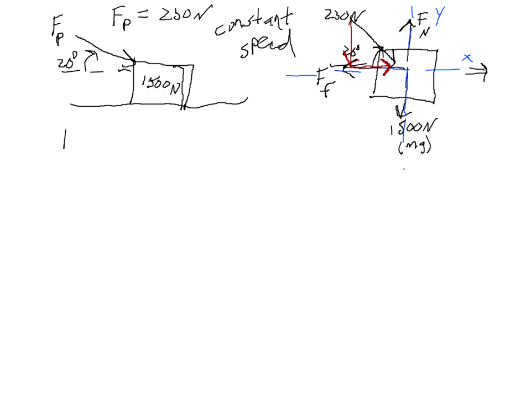We have the x component of the push, FPX, equal to 230 newtons times the cosine of 20, and FPY will be 230 times the sine of 20.